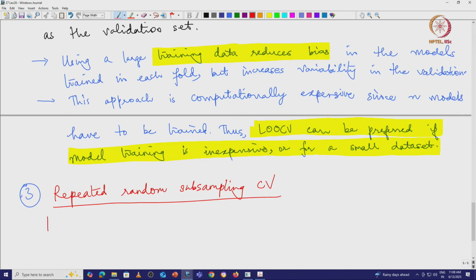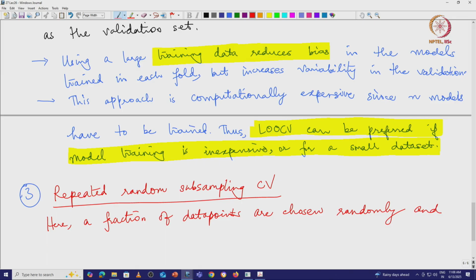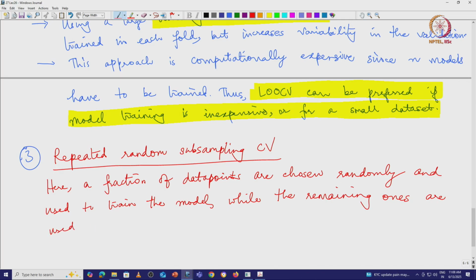So, here a fraction of data points are chosen randomly and used to train the model, while the remaining ones are used for validation. So, this procedure is repeated several times.